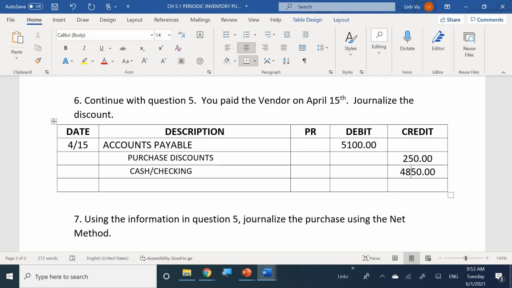Yeah, 48.50. So you're sending them a check for whatever amount that you are going to pay for it. So in their books, they're looking at 4,700 being for the purchase of inventory, and then that extra 100 is for the shipping.